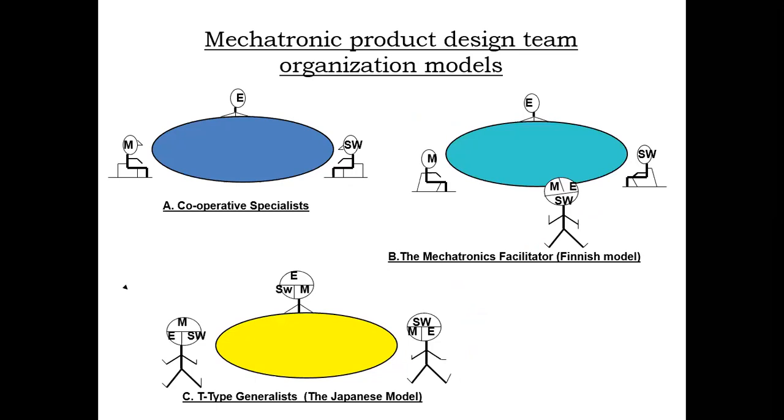So mechatronics product design team organization models: cooperative of specialists, mechatronics facilitator, Finnish models, then T-type generators, the Japanese model. That means first, in cooperative specialists, they have mechanical, electrical, and software.